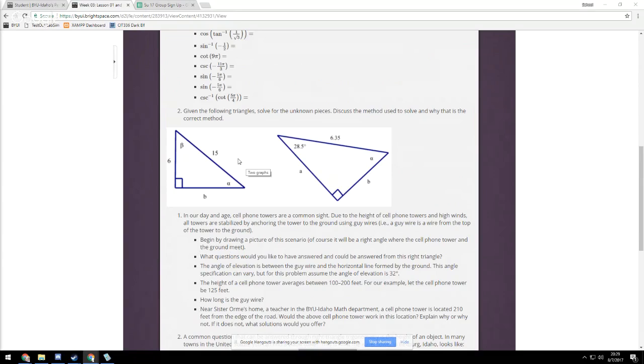So the square root of 189, and it doesn't say how many decimals. So again, I'm rounding to 1 decimal. Plug that into the calculator. Square root of 189 to 1 decimal is 13.7. So b equals 13.7.